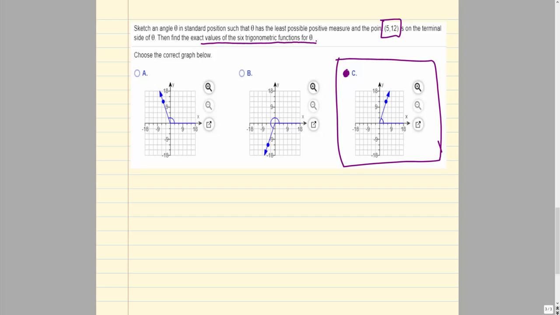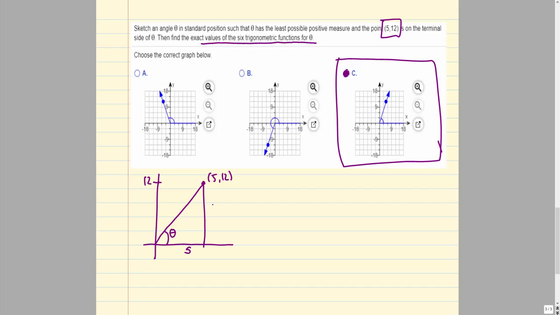Well, what I'm going to do is blow this triangle up just a little bit. It's in the first quadrant, so I'm going to look at this in the first quadrant. This is my angle theta, and this is my ordered pair (5, 12) at this point. Sorry, this is 12, and this is 5.